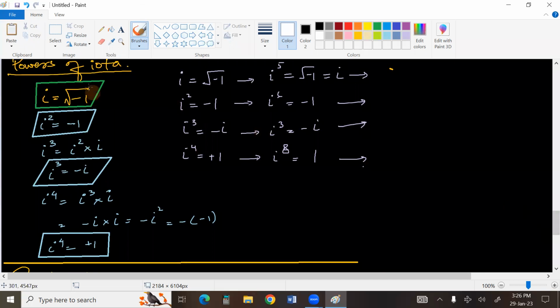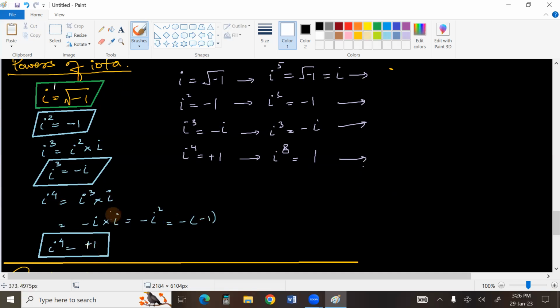If we take powers of iota, iota power 1 is the square root of negative 1. If you multiply iota with it again, you get negative 1. If you multiply iota squared with iota, you get iota cubed, and that is negative iota. Similarly, if you multiply iota cubed with iota, you get iota power 4, and that is a positive 1.